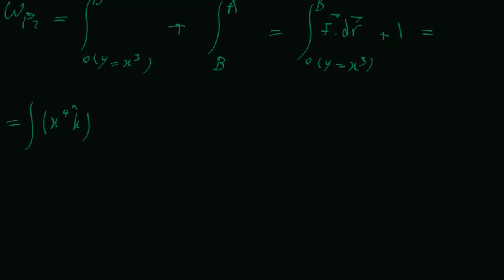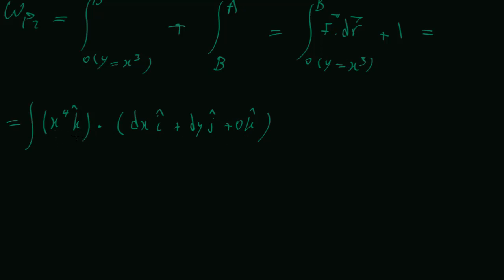That was for the force, and for dr, it's going to be dx in the i, dy in the j, and also dz in the k direction. Because z was constant, dz was equal to 0, and here we are going to have some terms times dx in the i direction and some term in the j direction. So dr is dx in the i plus dy in the j plus 0 in the k. We can write dy based on dx because we have the equation for the path.